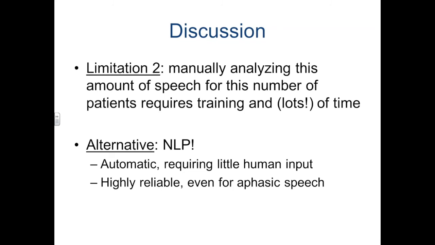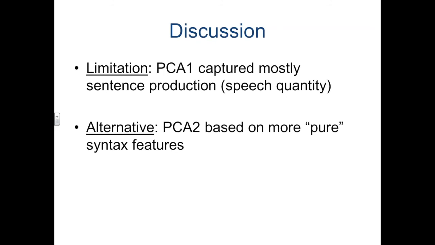Another limitation that I already highlighted was that this first principal component mainly captured speech quantity more than complexity of the structures, and so that's why our alternative was using the second PCA.